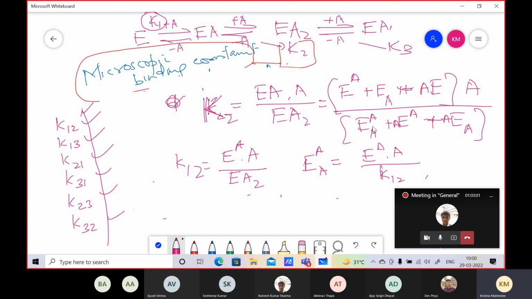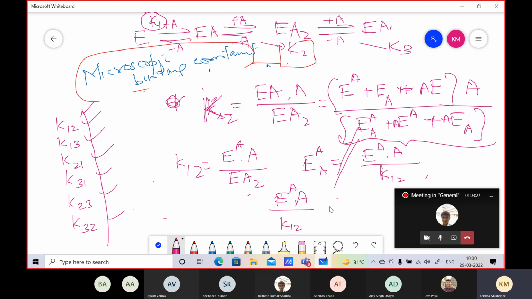So this is the three sums. So now what is this equal to? So now look at this one. This one is equal to, let us just, I'll do the lower one, that is why I said. This one here is equal to EA into A upon K12.